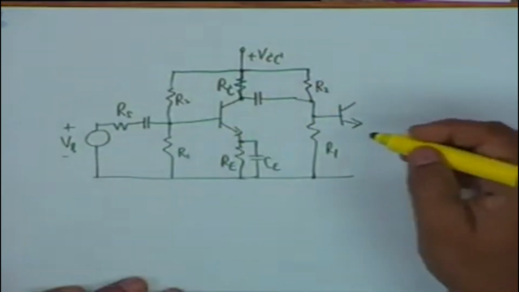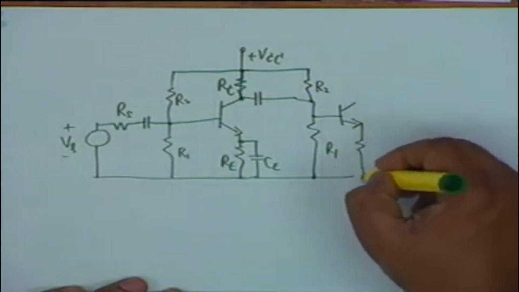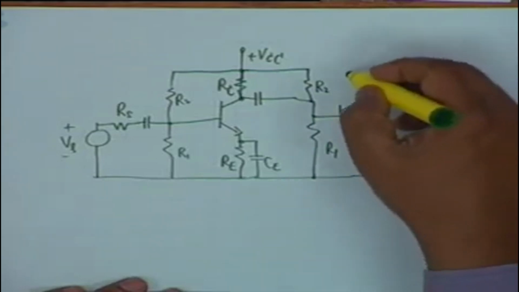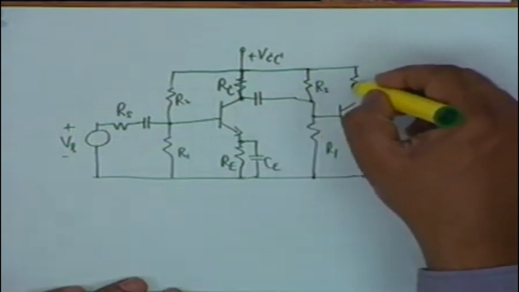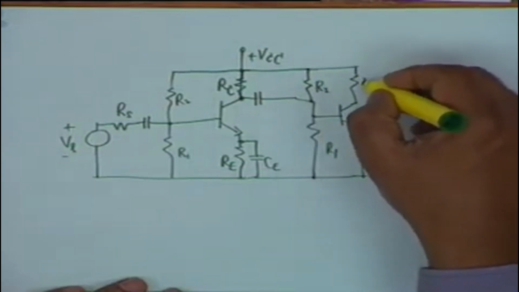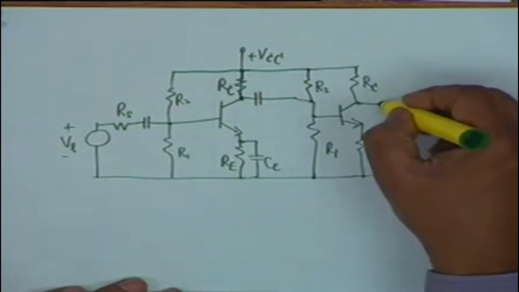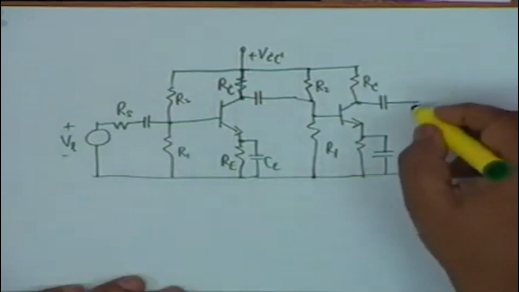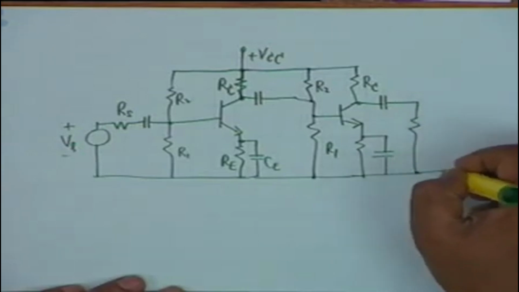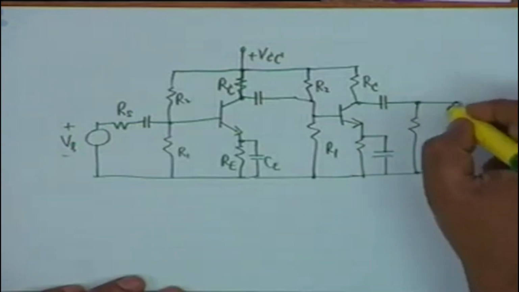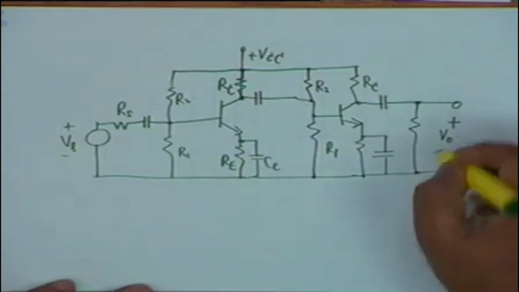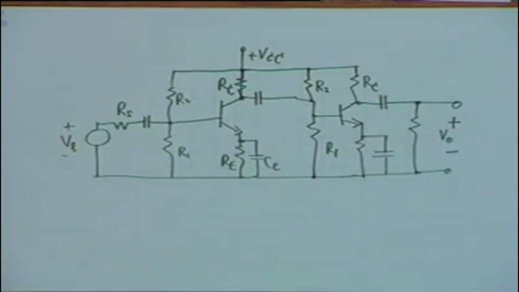And then there is a resistance here shunted by a capacitance, and there is another resistance here R sub C. Finally, you have a coupling capacitor and the load RL. This is a typical two-stage RC coupled amplifier. Let us say the root mean squared value of the voltage here is V0.